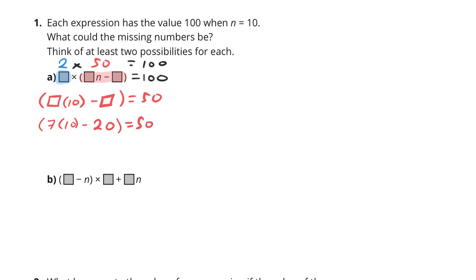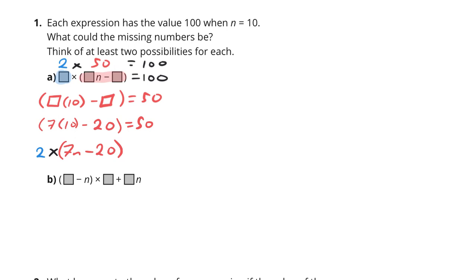So our first answer for A is going to be 2 times 7n minus 20. And that is going to be our first answer.